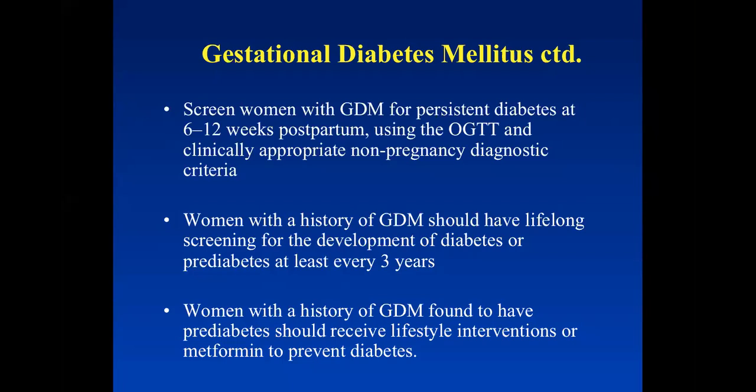So you can't just forget about the diabetes after the pregnancy. You should make sure whether they have or have not diabetes by testing at 6 to 12 weeks postpartum, using an OGTT.